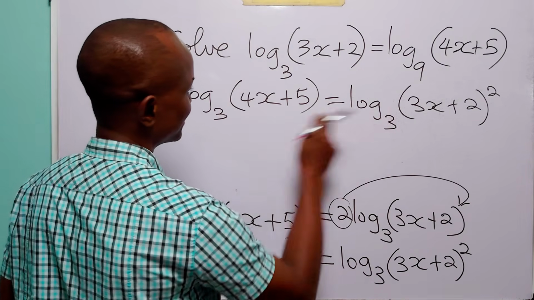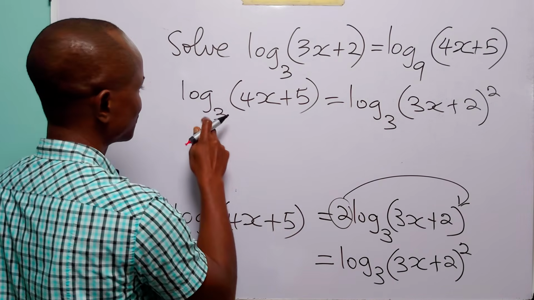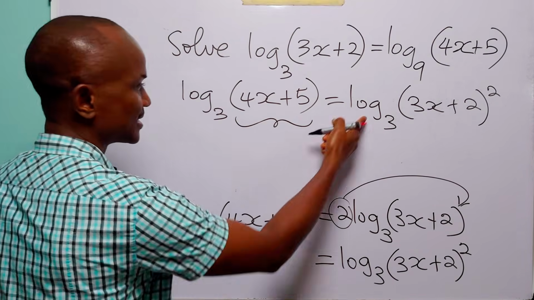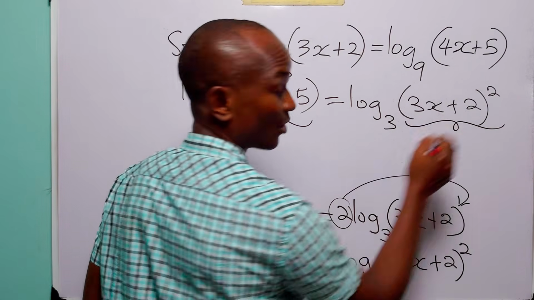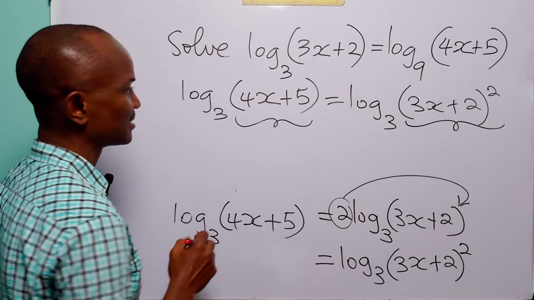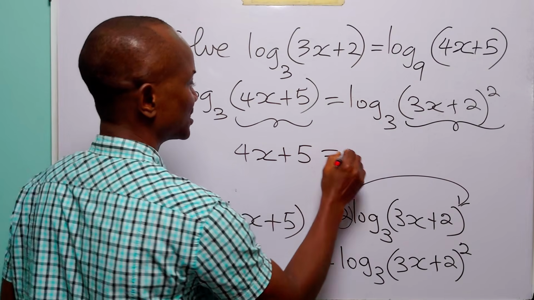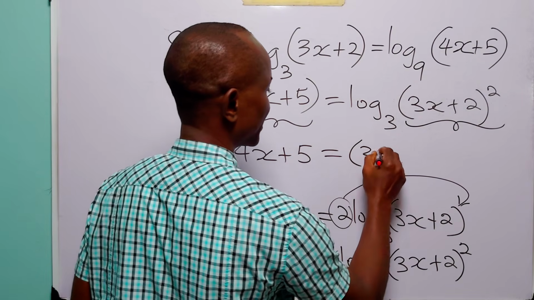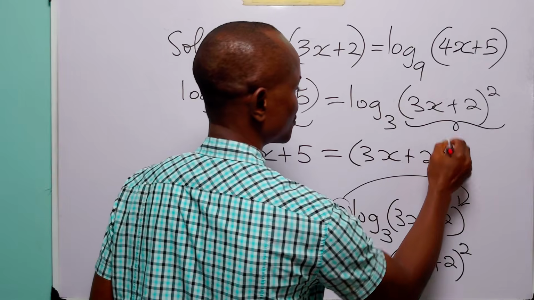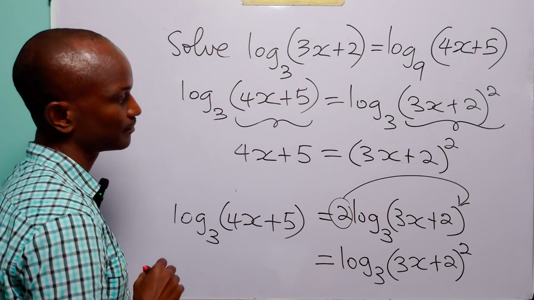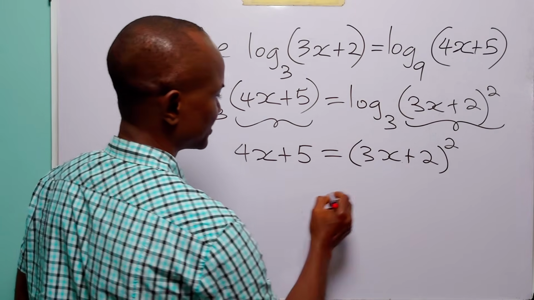Now let us compare these two sides. We have that log to base 3 of this is equal to log to base 3 of that. So that simply means that 4x plus 5 is equal to 3x plus 2 squared. Now let us expand this.